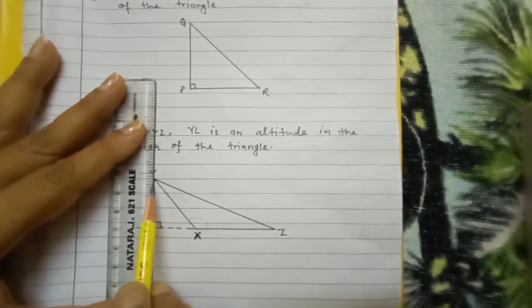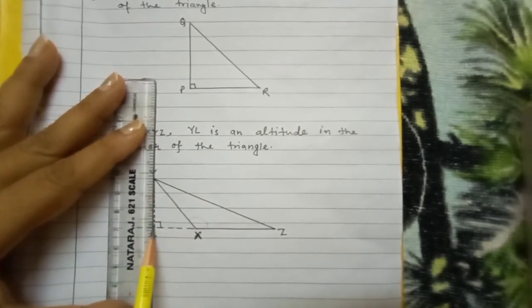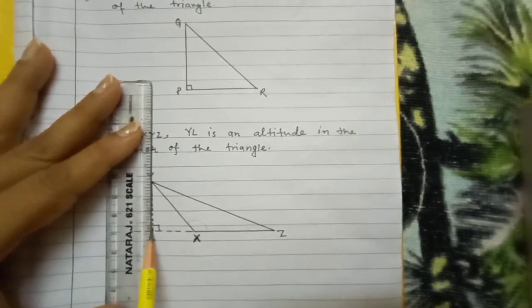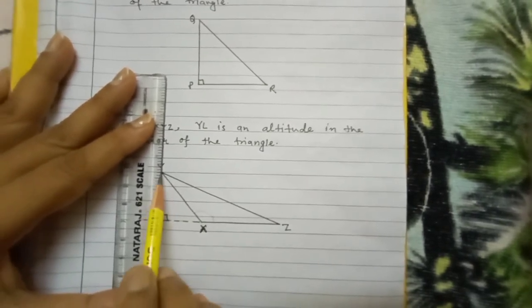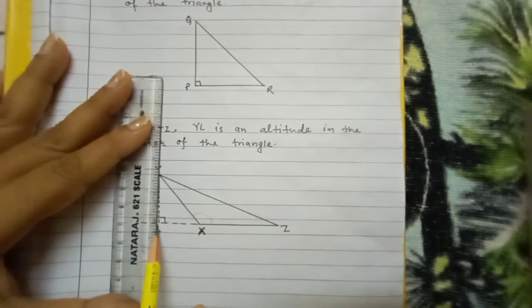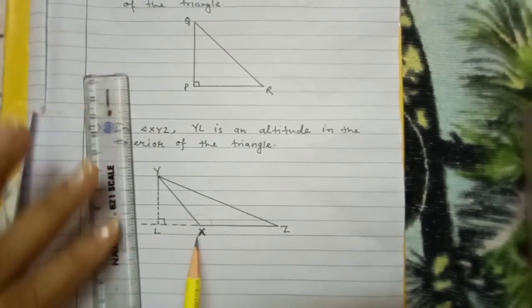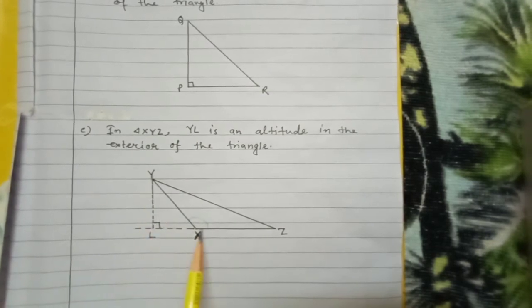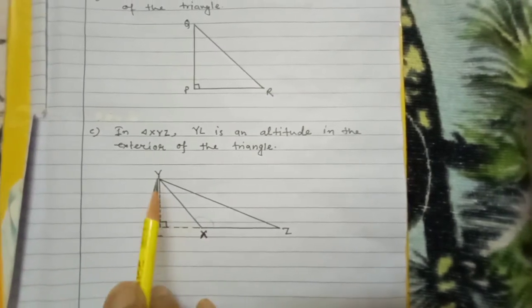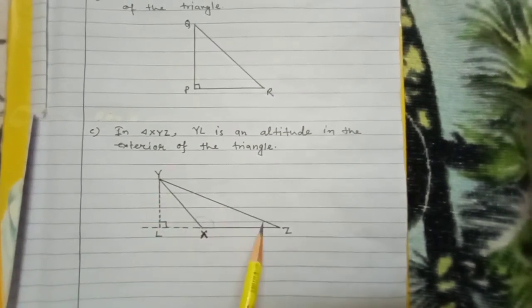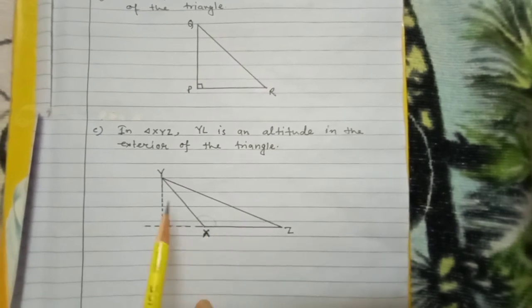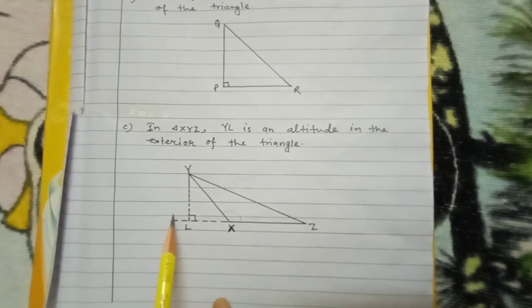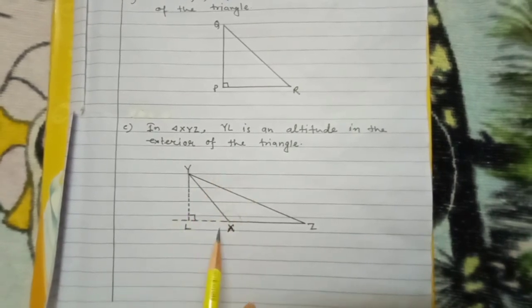That means you have to use only a scale, no need to use a protractor. Draw an approximately 90 degree straight line from Y to this extended line. It will be the altitude which is lying exterior of the triangle. XYZ is the triangle where the altitude YL is outside of the triangle. It is a rough sketch.